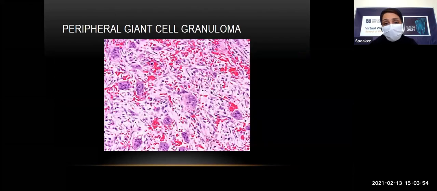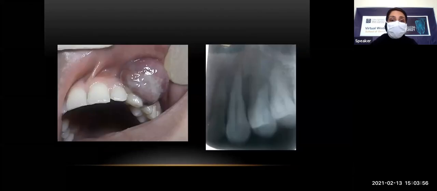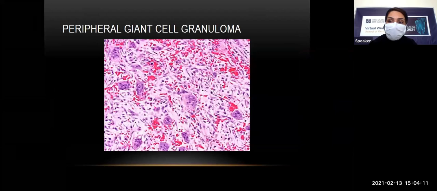And as you see in this slide, the first clinical differential diagnosis was pyogenic granuloma or peripheral giant cell granuloma, which belong to the reactive lesion category.